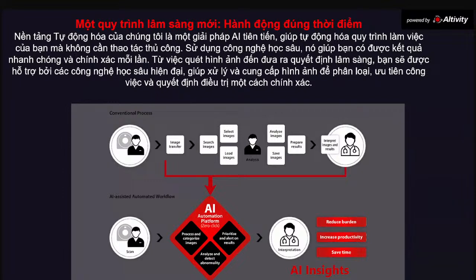With our automation platform, or we call it the AI automation platform below, it's totally a zero-click process. After scanning by the CT or the MR, the images sent to the AI server will be automatically processed and categorized.